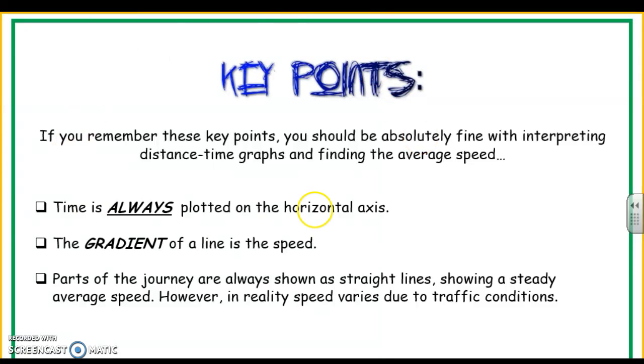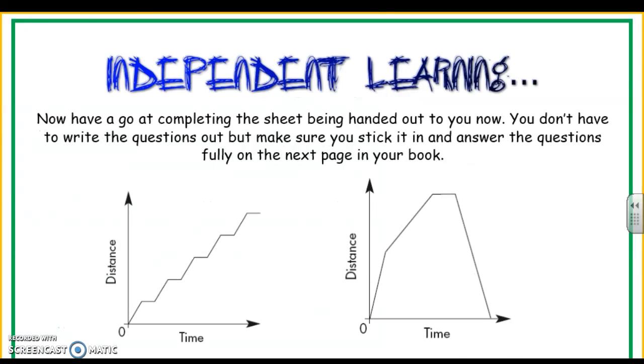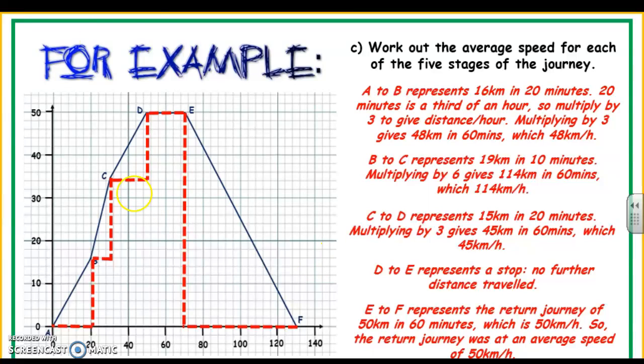Time is always on our x-axis. Always. The gradient of a line is always the speed. And when we talk about speed, we talk about it as a positive. So even though that line there was technically a negative gradient, we recorded the speed as a positive value, because you're not going to have a negative speed.